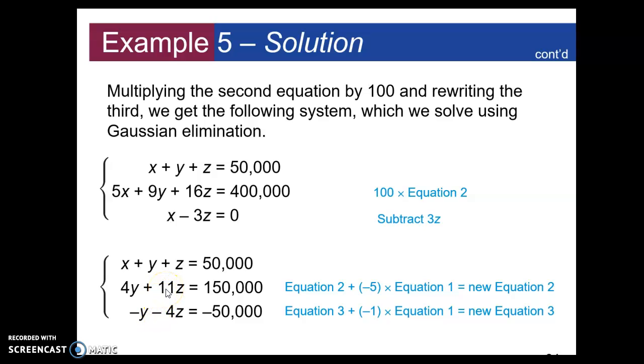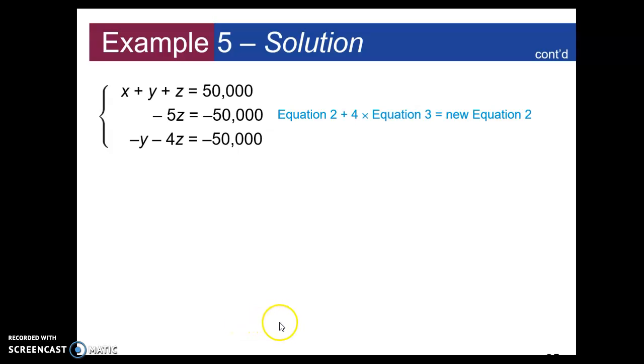I'll have 11z plus -16z is -5z. And I'll have 150,000 plus -200,000 is -50,000. Okay, so I eliminated the y's.